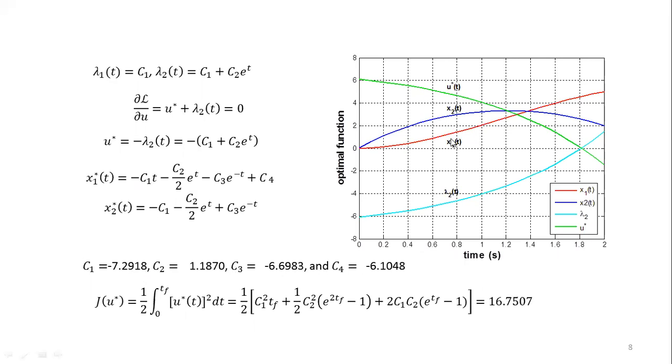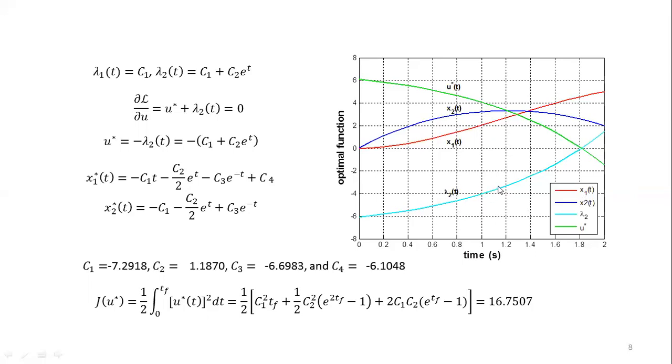and the functions that are obtained are shown in this figure. This is x1, the red one, x2, the blue one. So you can see that they satisfy this boundary condition, that both are 0 at time 0, and over here x1 is 5, x2 is 2. The green one is the optimal function which we were trying to get.